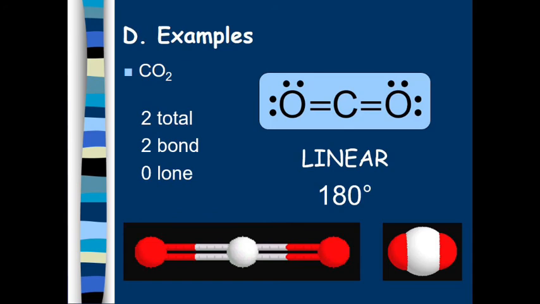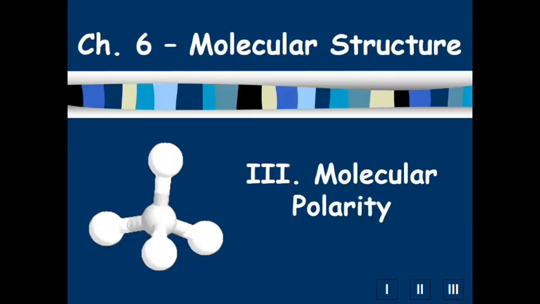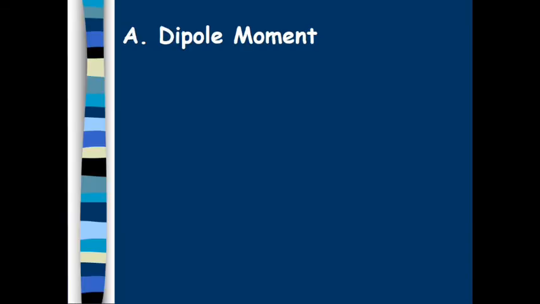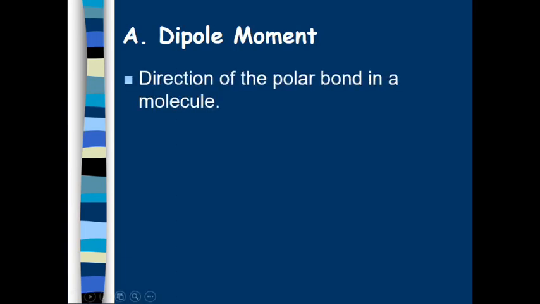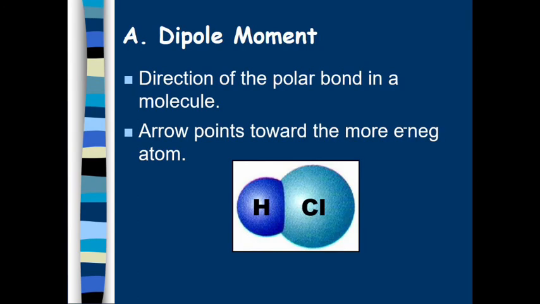Now we're going to get into molecular polarity. We've already been talking about polarity, and you've seen the word dipole. The direction of a polar bond in a molecule is going to represent the dipole. And again, polar bonds have partial charges.